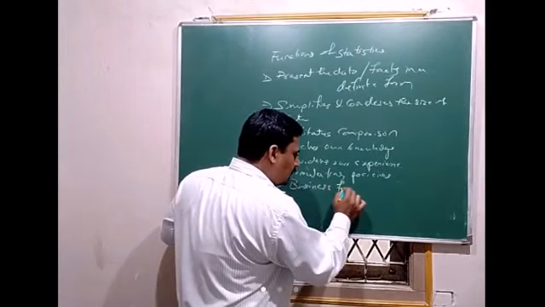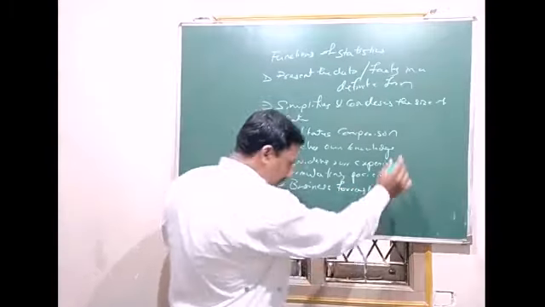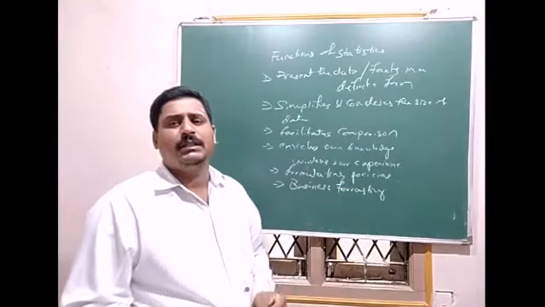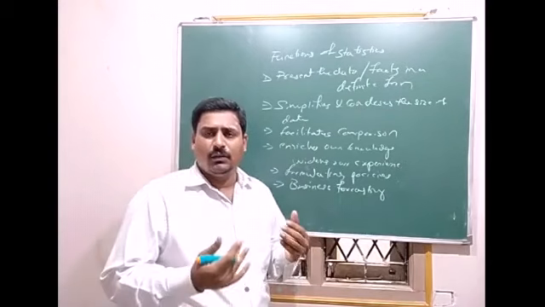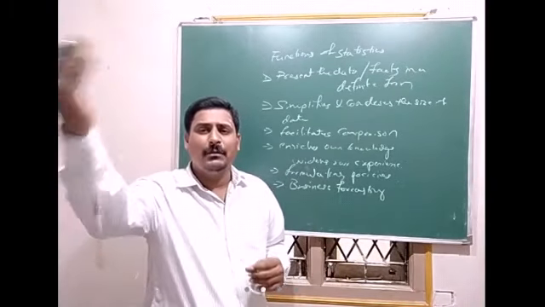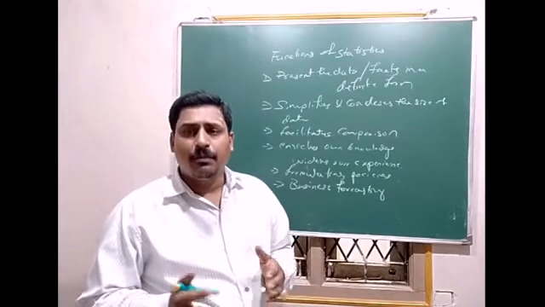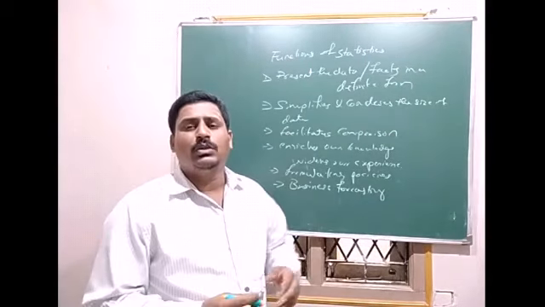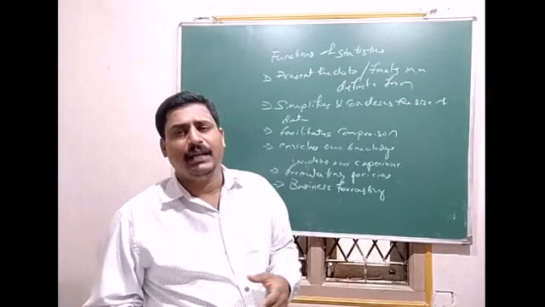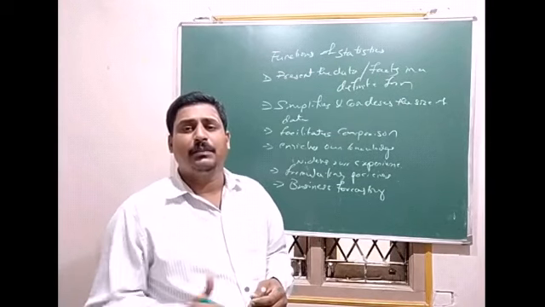Then next comes business forecasting. Business forecasting means how much we are producing today, what the demand might be in future, and how much more we have to produce. All of those can be decided with the help of previous figures, with the help of statistics.